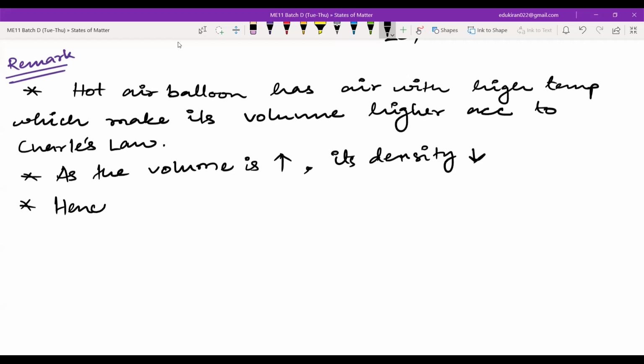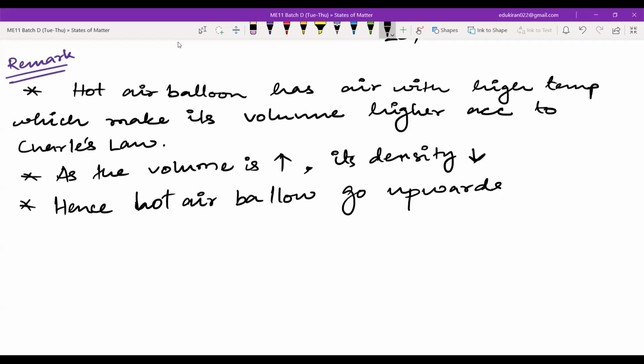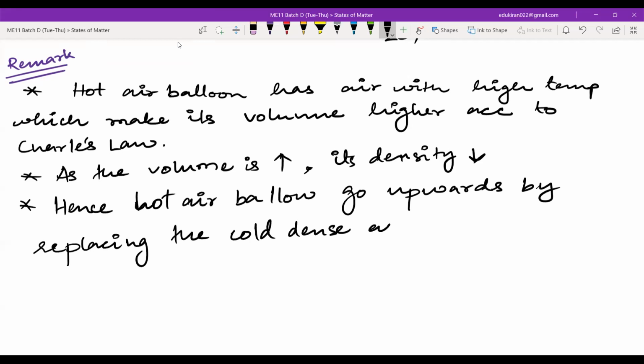Hence, the hot air balloon goes upwards by replacing the cold dense air. Okay, so this is the working of a hot air balloon.